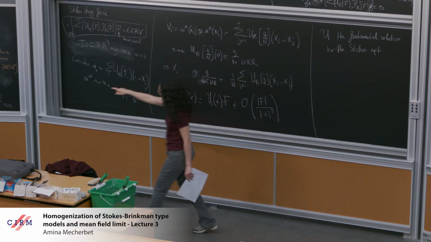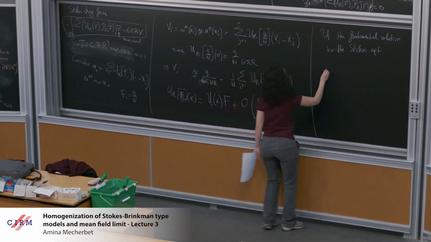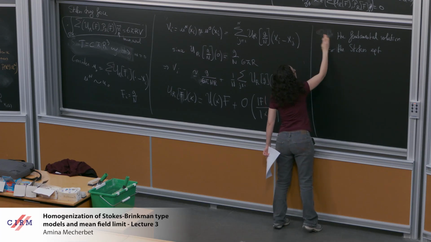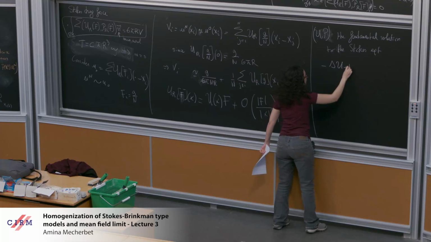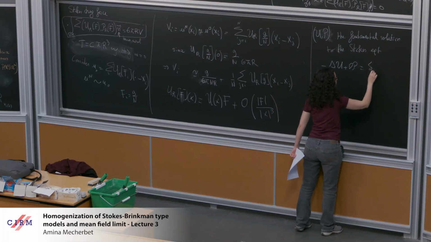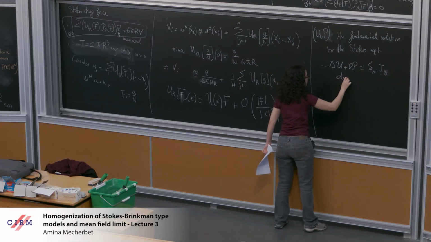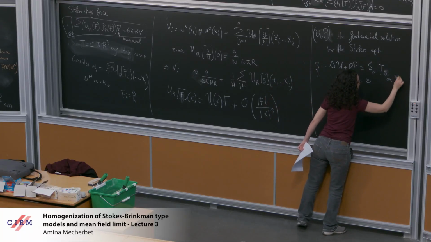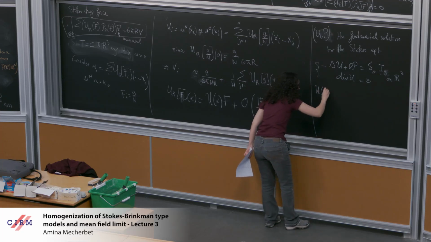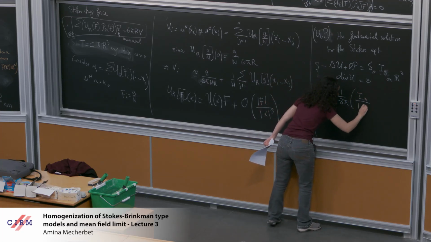So this calligraphic U is exactly the one that I was talking about before. It solves, and you also have an associated pressure, this problem with an identity matrix here. So U is a matrix, and we have an explicit formula for U. It is given like this.